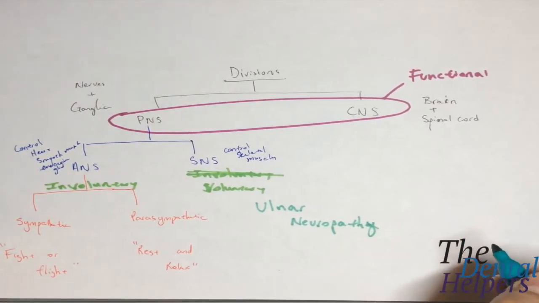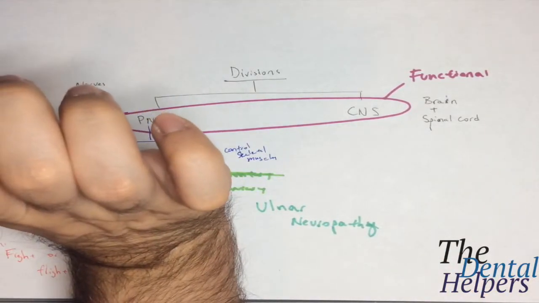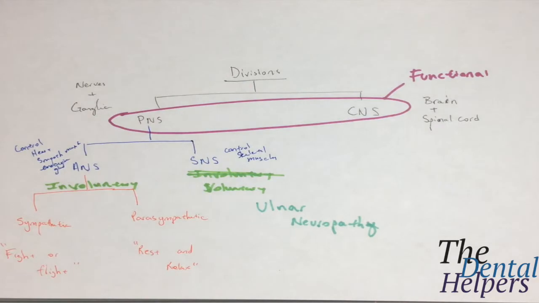And so an ulnar neuropathy is something that you've probably felt at least once in your life. Sometimes when you're putting your hand on your steering wheel and you're resting it like this almost, you're putting a lot of pressure on the ulnar nerve. And as a result, you're going to feel tingling in your hand or kind of down your wrist. And that would be an example of an ulnar neuropathy.